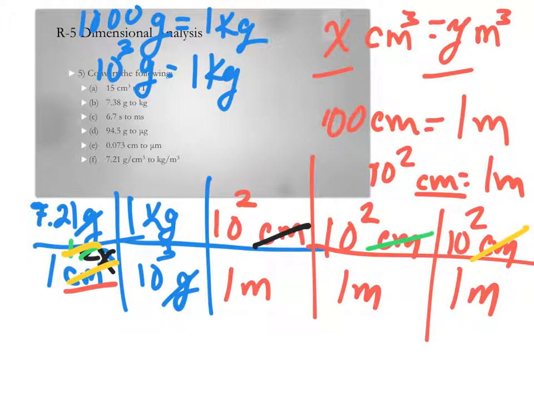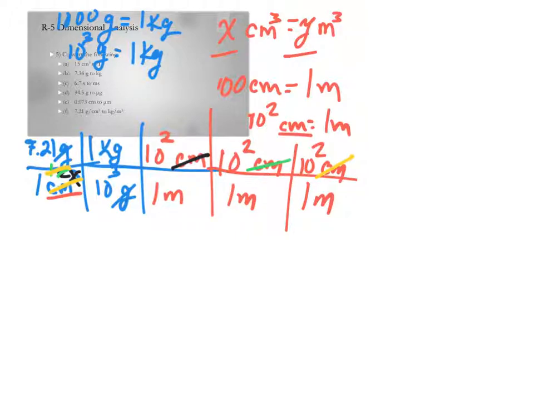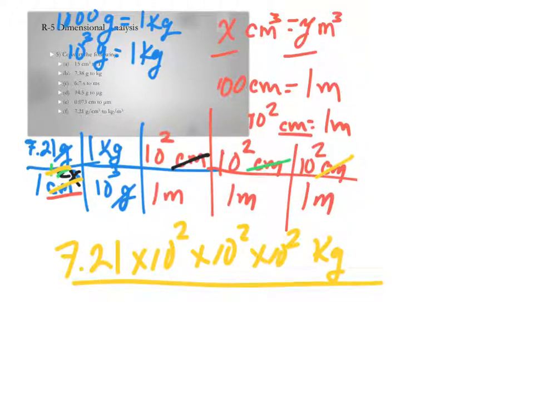And so that leaves you with this really long equation of 7.21 times 10 squared times 10 squared times 10 squared kilograms divided by 10 to the 3rd cubic meters. Meters times meters times meters is cubic meters.